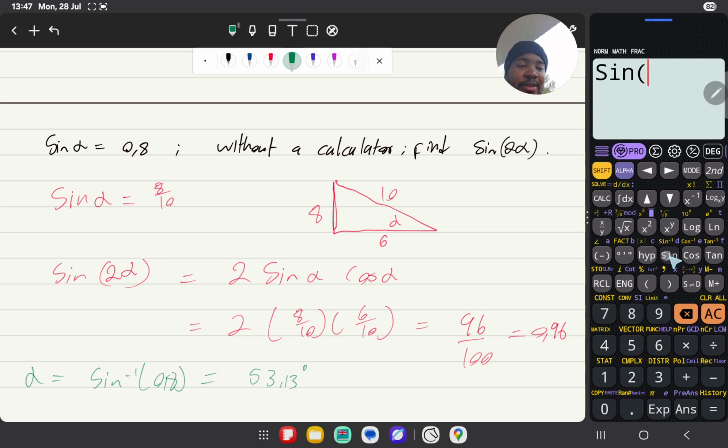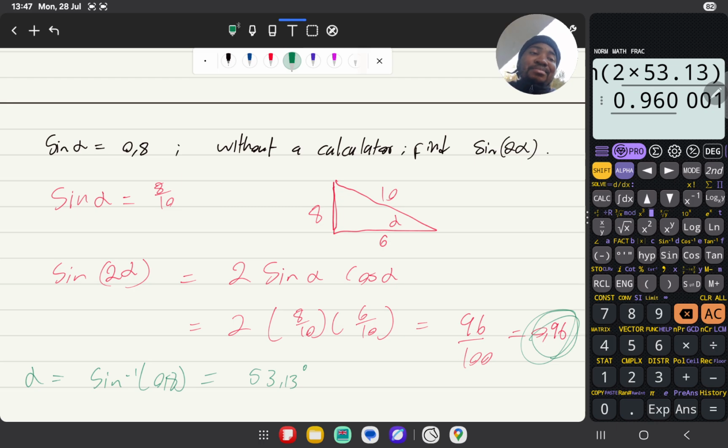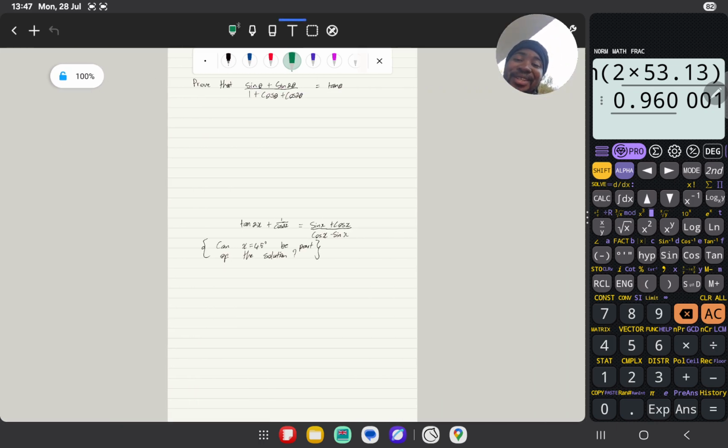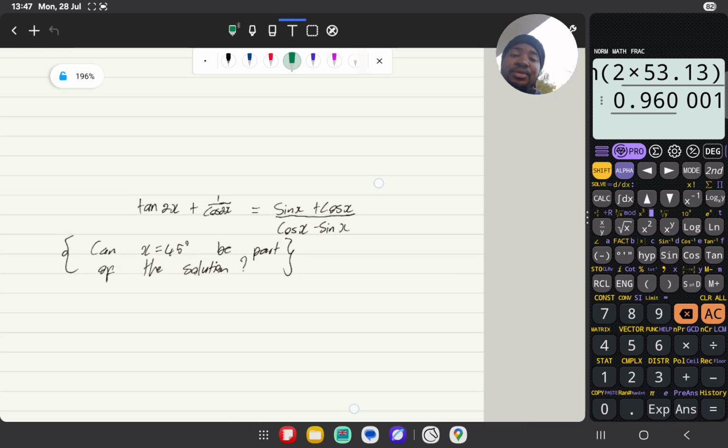So now sine 2 alpha is going to be sine of 2 times 53.13, which is 0.96. Bro, we're killing this thing. So yeah, don't stress, guys. Trigonometry grade 12 is so easy.